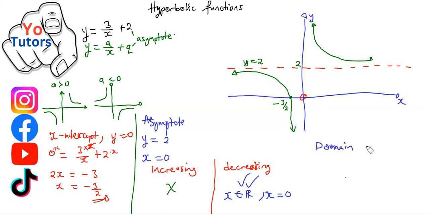Sorry to take you back: the domain there is x an element of real numbers, but x cannot be equal to 0. Then the range is y an element of real numbers, but y cannot be equal to 2, that was the asymptote. So here we're just restricting the asymptotes.